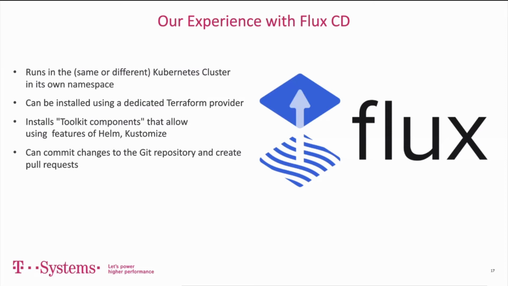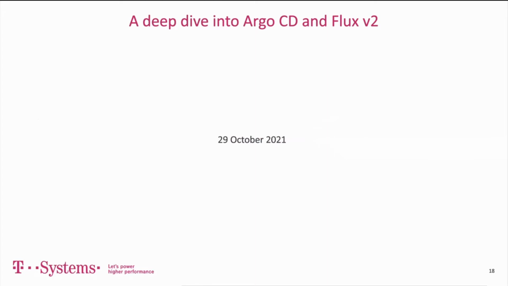What Flux can do is see that there is a new version of your Docker image, but before it updates your running application in the cluster, it can check out your infrastructure code where you describe your application and simply update the version of your Docker image there and propose a pull request with this update. Then somebody from your team can accept this pull request, for example, and then Flux will apply the changes.